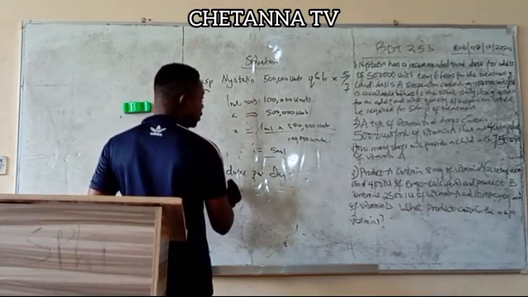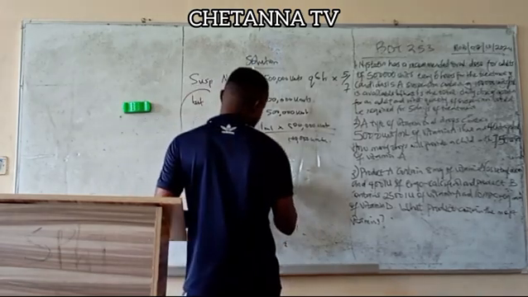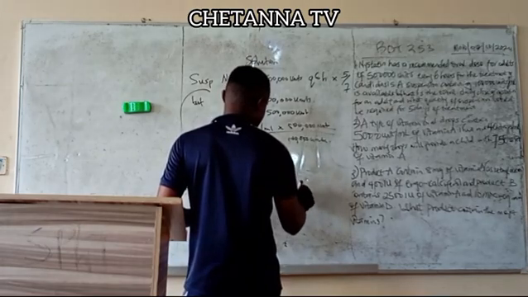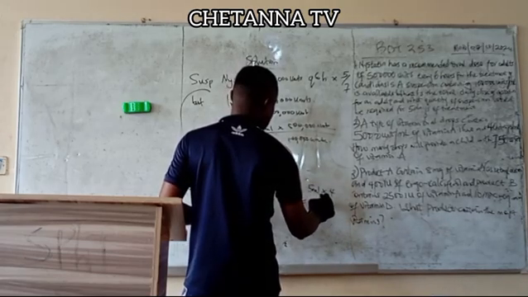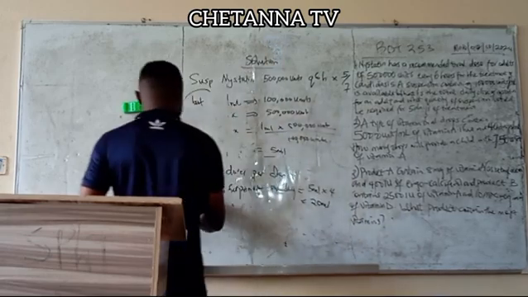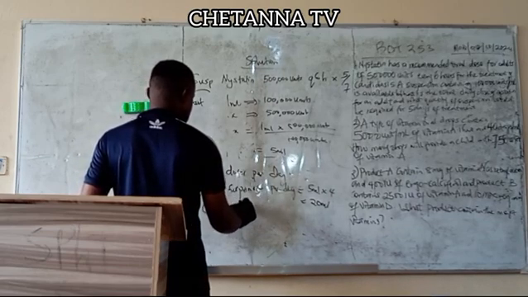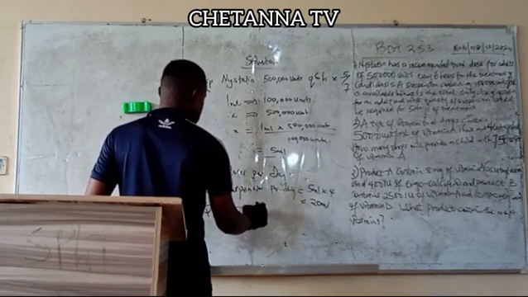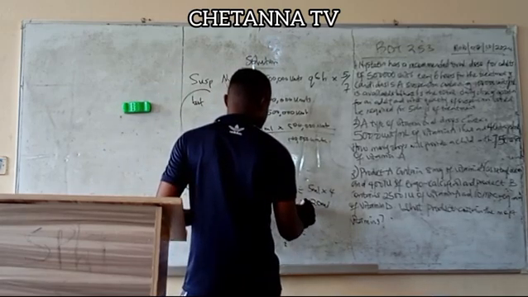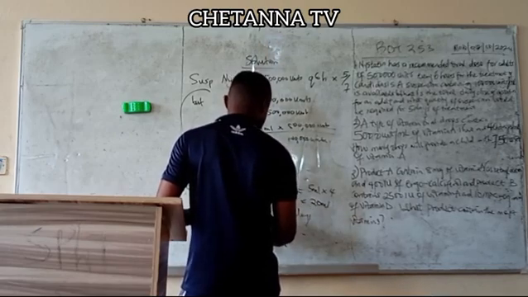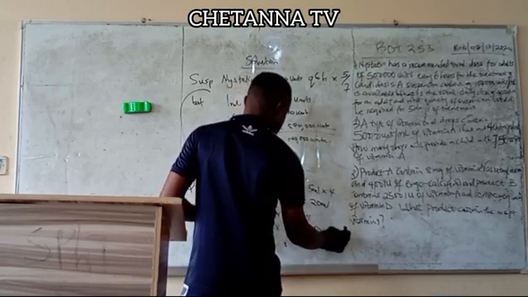Quantity of the suspension per day is equal to 5 ml times 4, which is 20 ml. Therefore, quantity of the suspension for 5 days is equal to 20 ml times 5, which is 100 ml.